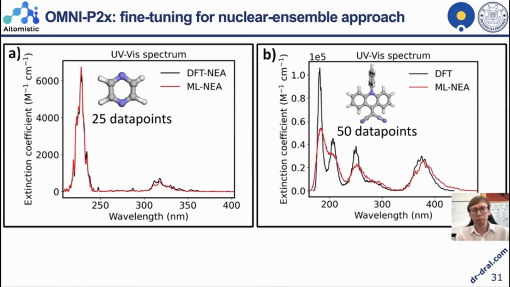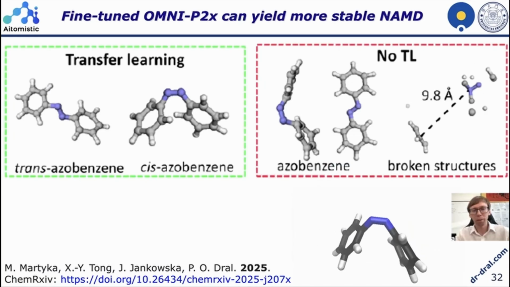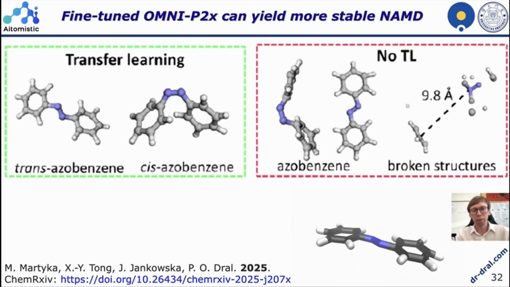And if you throw in a bit of training points at your target level, you can fine-tune it to do well enough even for UV spectral simulations via the nuclear ensemble approach, where you don't need to play with broadening factors, and then you will recover a bit of vibrational effects. Another big advantage of having universal models is that you can simulate with higher robustness nonadiabatic dynamics after fine-tuning.